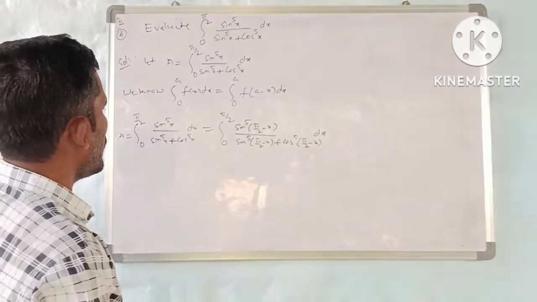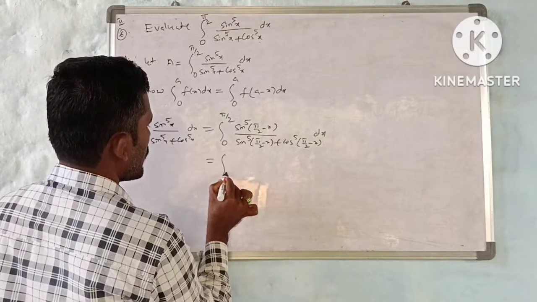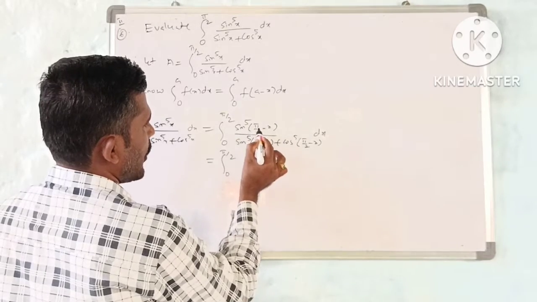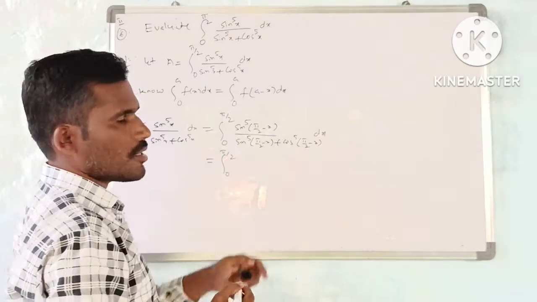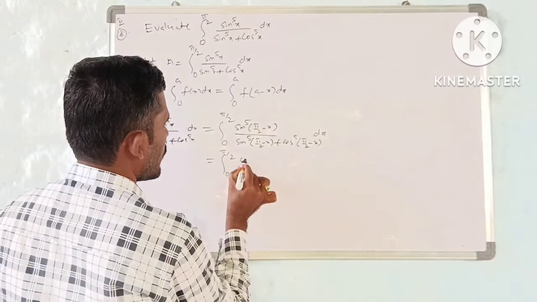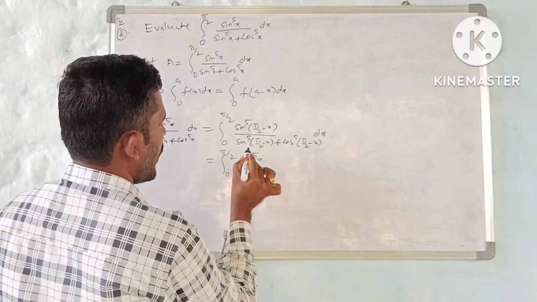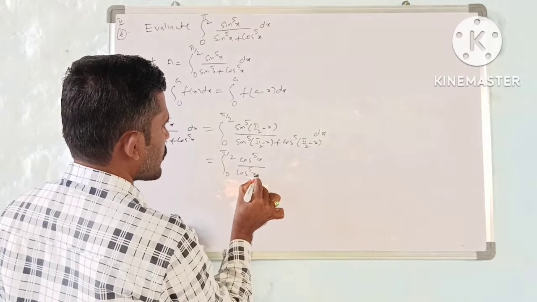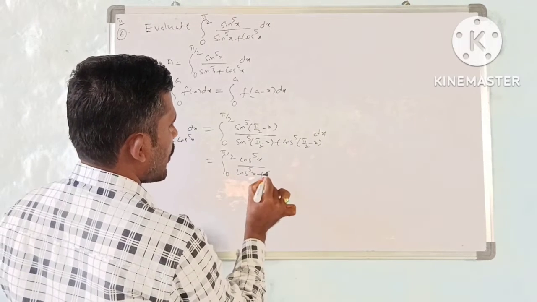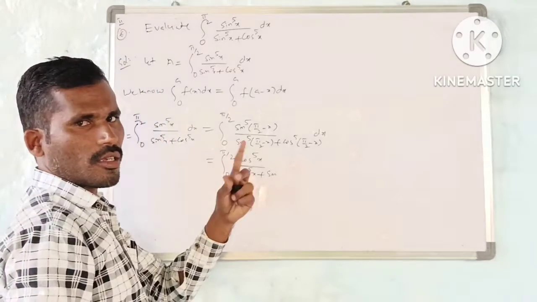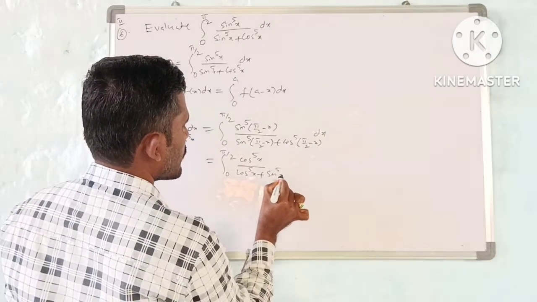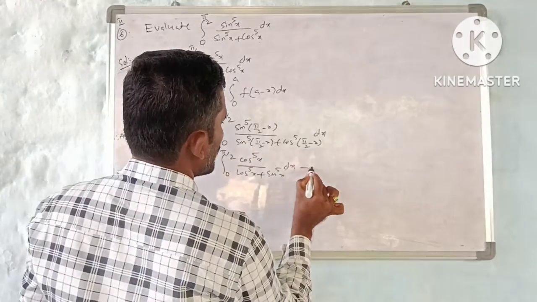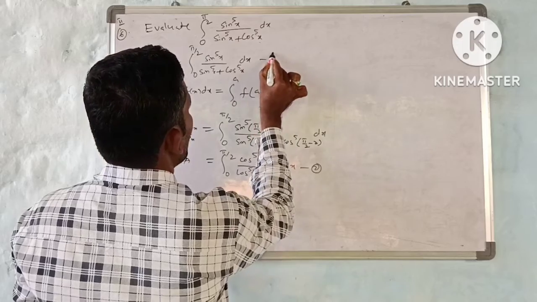Sin of (90 minus theta) is cos theta, so we get cos^n x, and cos of (90 minus theta) is sin theta, so we get sin^n x dx. This is also A. So this is the second equation, and this is the first.